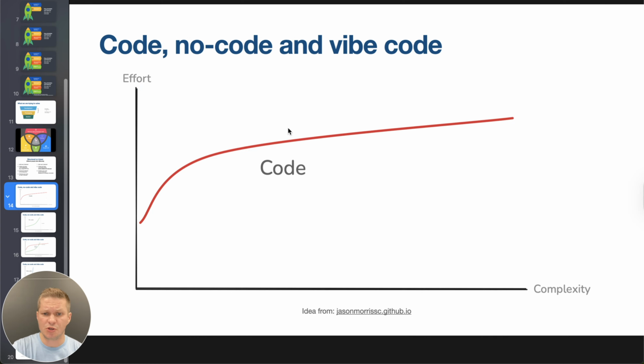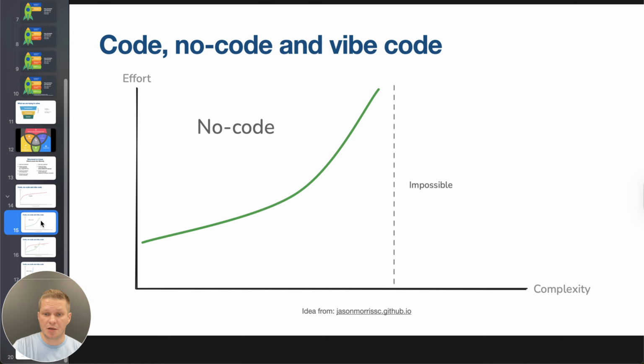And also another great idea to illustrate is this. When you start with traditional code, the entry bar is pretty steep at the beginning, but then it becomes linear. To help with that, no code can help you without needing coding, in a visual way, but all the no-code tools have their own limitations.